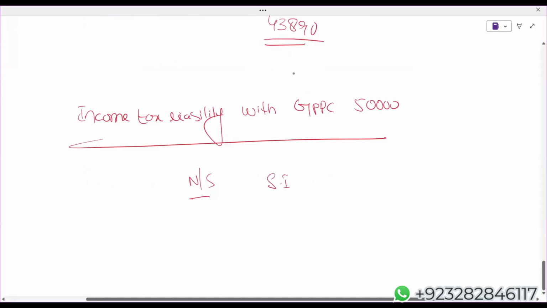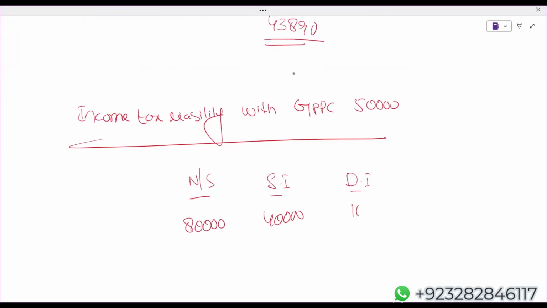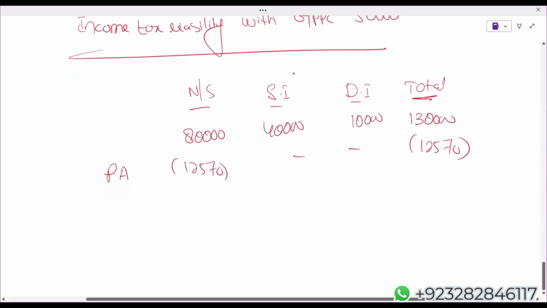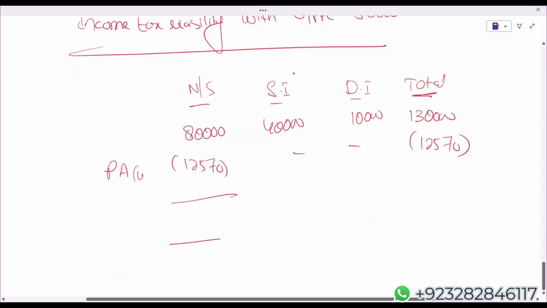Non-saving income, saving income, dividend income. Employment income is non-saving 80, 40, and then 10. Total. Can I say entire personal allowance 12,570 will be available? I'll show you the working as well, don't worry at all. Let's say working 2.